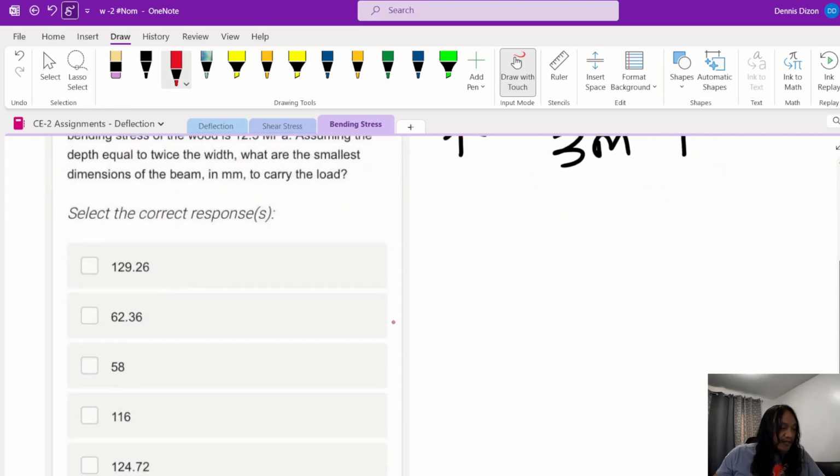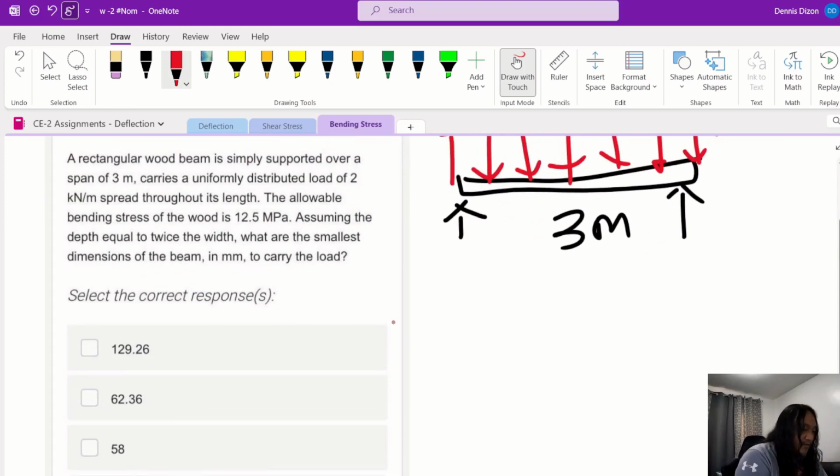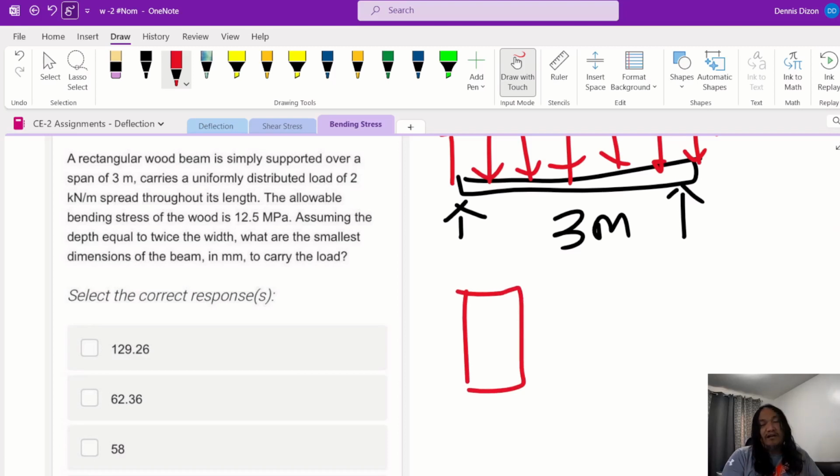So basically the question is, we will find the most efficient section based on this criteria. Bending stress is 12.5 megapascal, and if this is your B, this is your depth D, where D is equal to 2 times B, right?